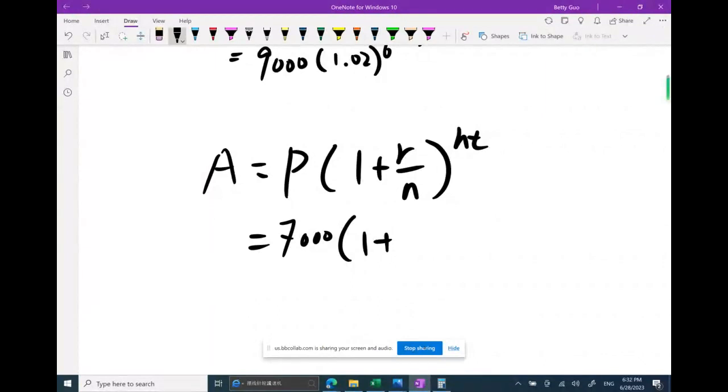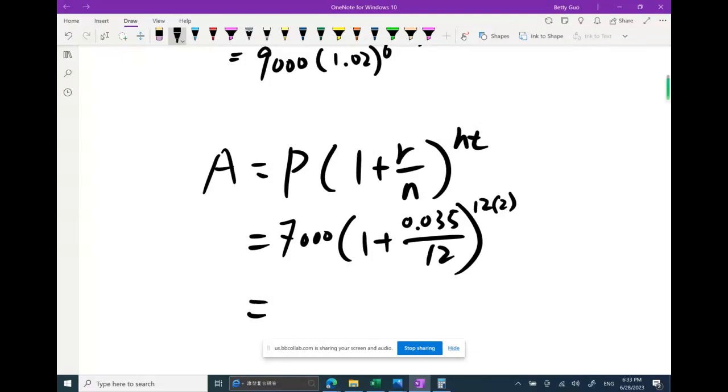R is 3.5%, 0.035 over 12. And then to the power of 12 times how many years? 2 years. 12 times 2. The interest is compounded 12 times a year for 2 years. So the total number of times your interest is compounded is 24 times.